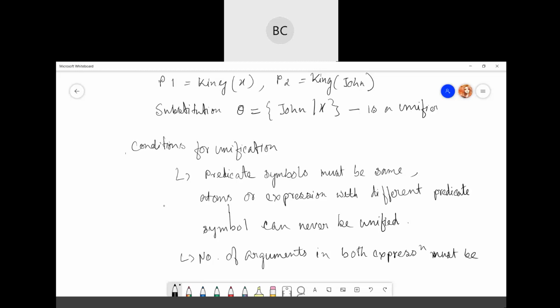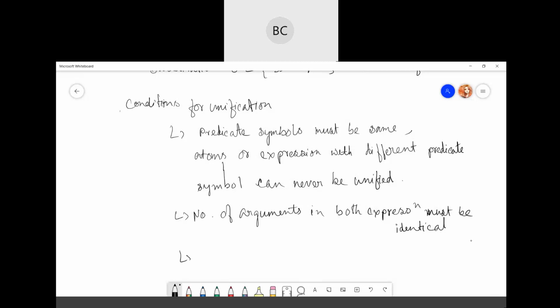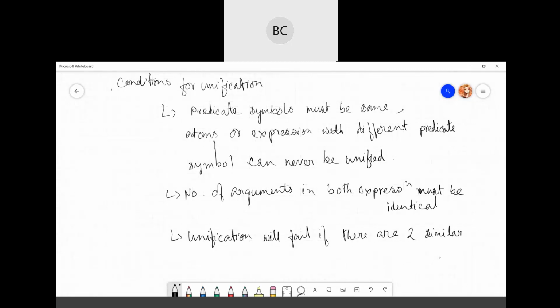Also, unification will fail if there are two similar variables present in the same expression.